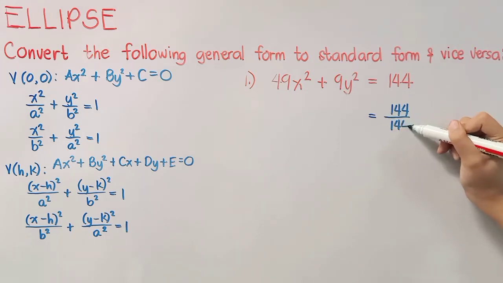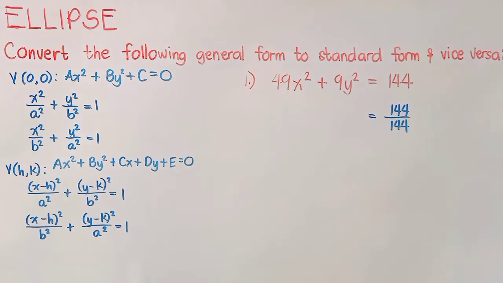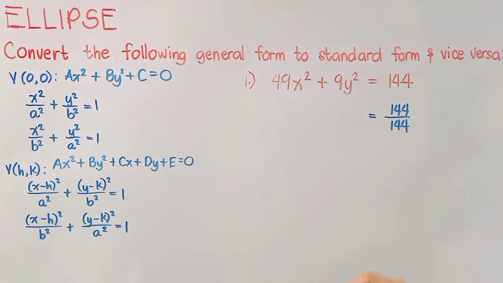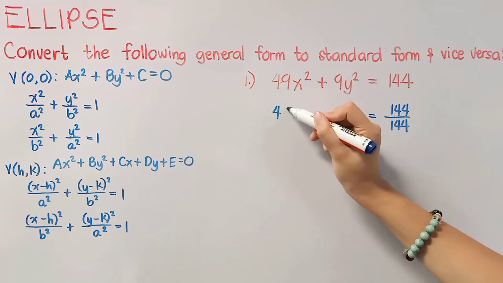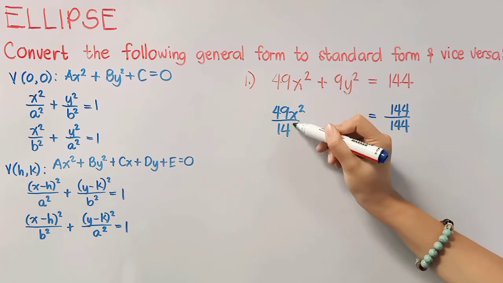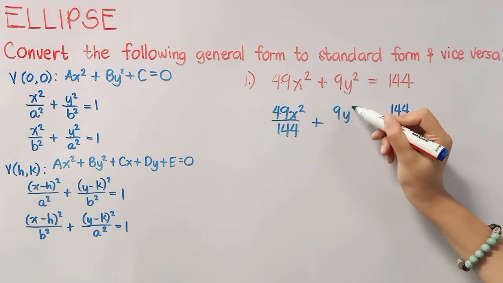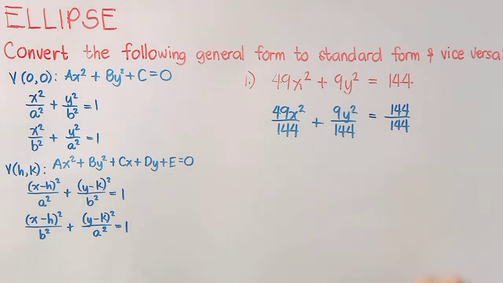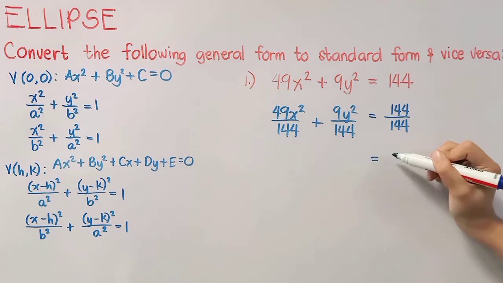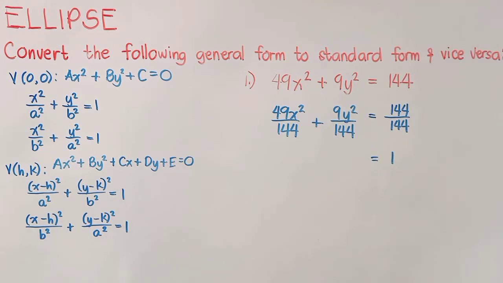And since this is an equation, whatever we do on the right side should also be done on the left side to retain the equality symbol. So we will divide each term by 144. So our right side now will be equal to 1 because 144 divided by itself is 1.